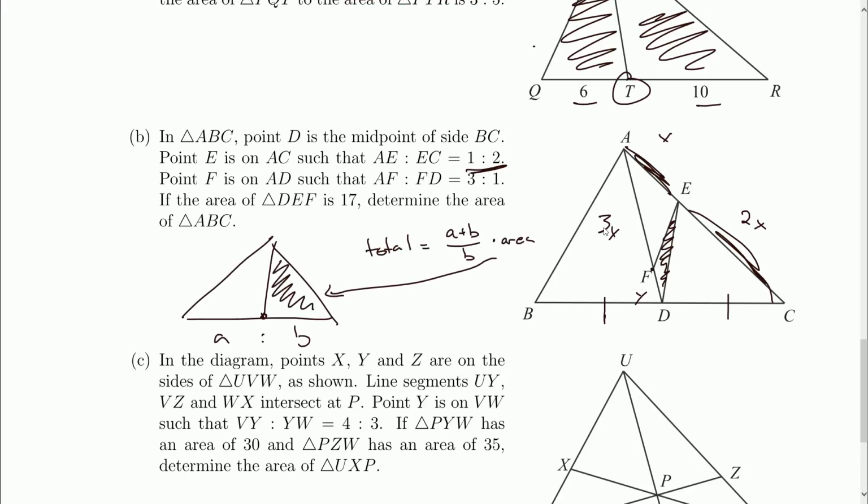And so you'd get 3 plus 1 over 1 times 17, and then times 2 plus 1 over 1, and then times 1 plus 1 over 1. So the 1 dividing by 1 doesn't matter, and you'll get 4 times 3 times 2.